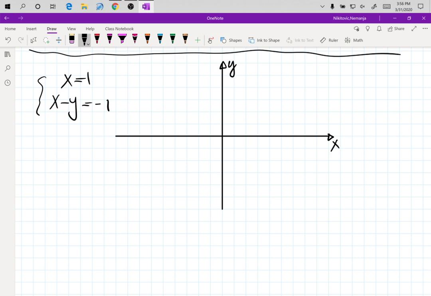So we go at 1. Let's use 2 units for 1. And we draw a vertical line. I was only asking what type of line it is, because we are on a graphing method. We are not computing anything.